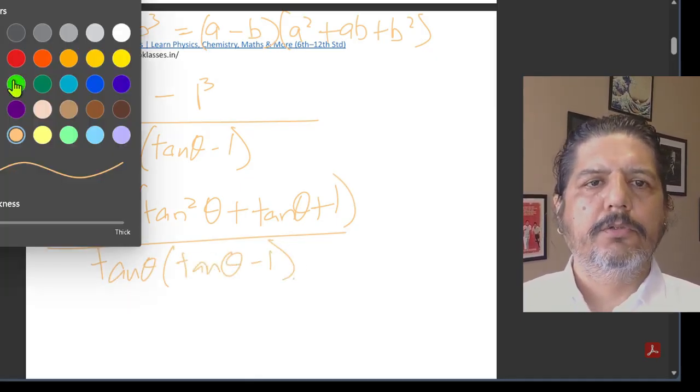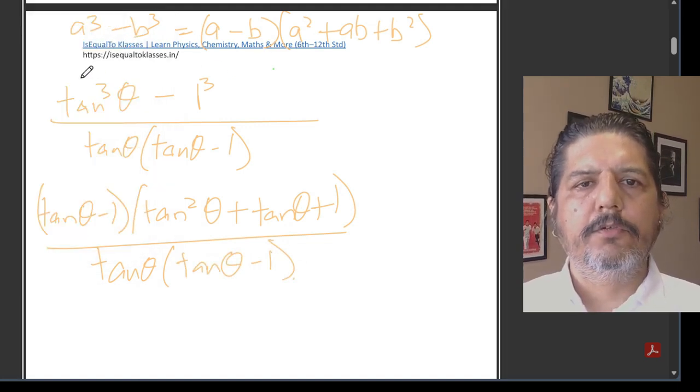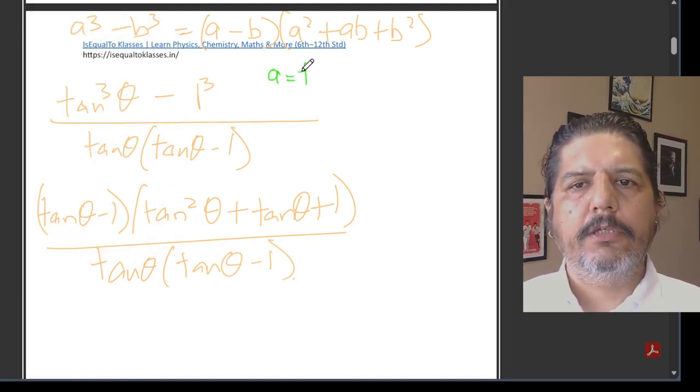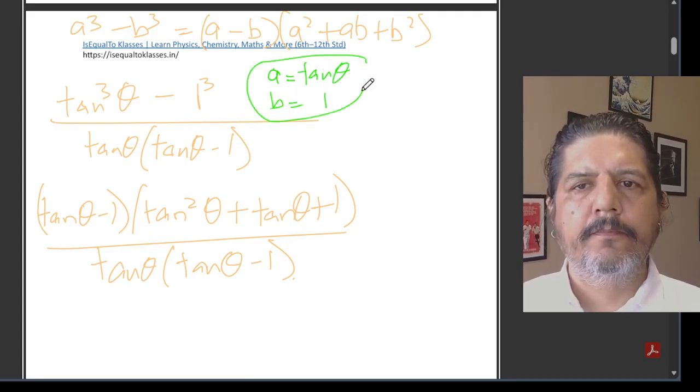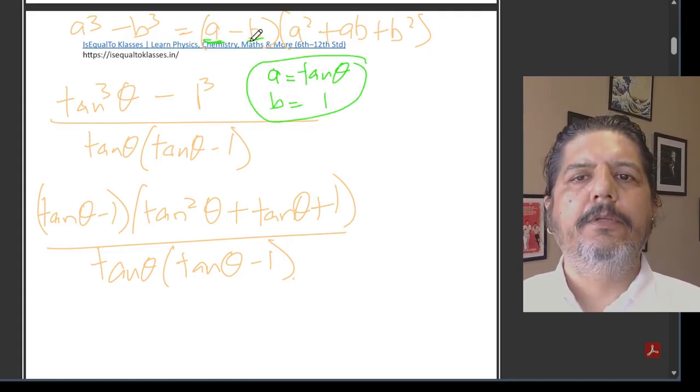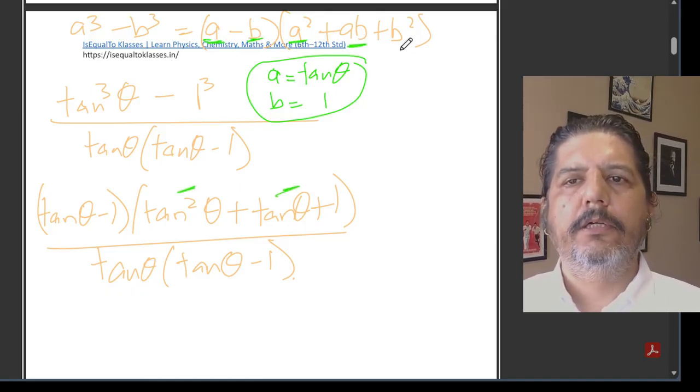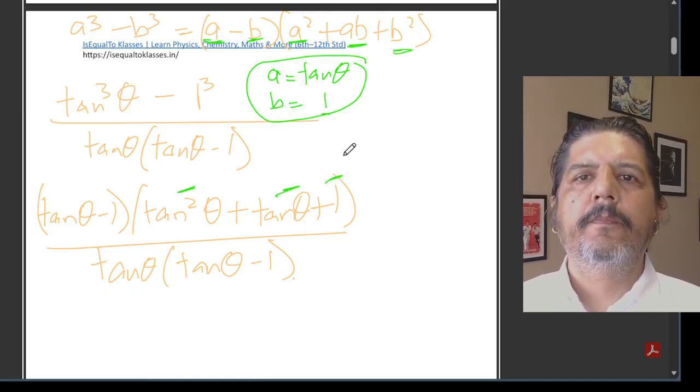Hope this makes sense, because now what I've done is, see, this is my a, in this case tan theta, my b in this case would be 1, and I've just put a and b here. This would be a square, this would be ab, and this would be b square. So you are following.